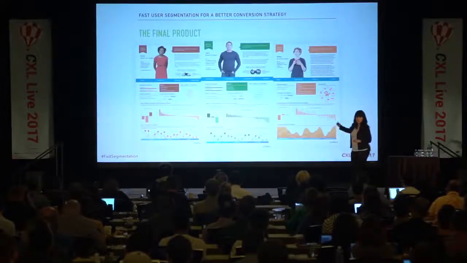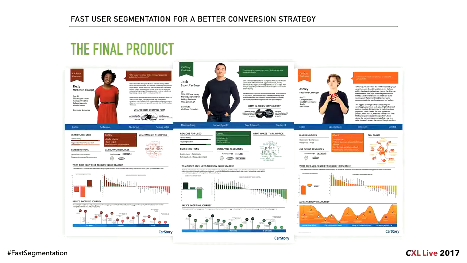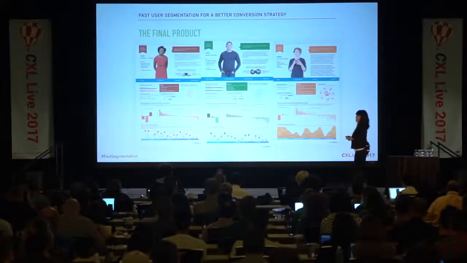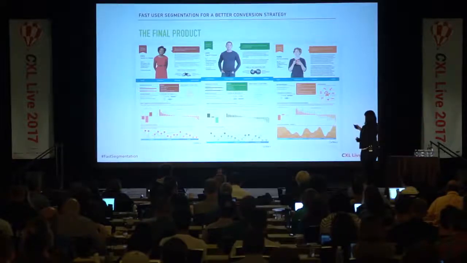Now, these are personas, just an example that I built for Car Story. You end up with very rich quantitative personas that you can use to calculate quite precisely the likelihood that your customers will need specific things and specific features, functionality, and products.